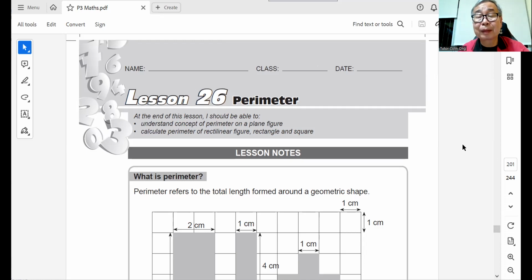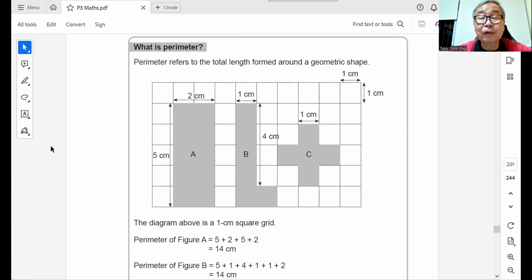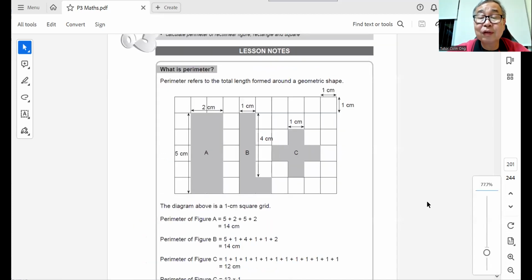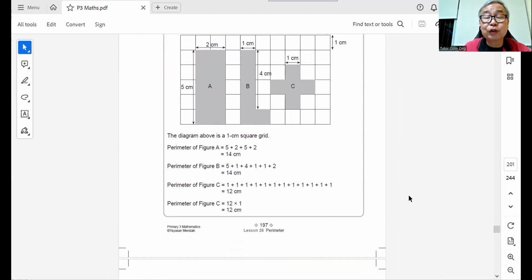Now, in lesson 26, which is page 197 of your Mendaki book, let me just adjust the size of this.